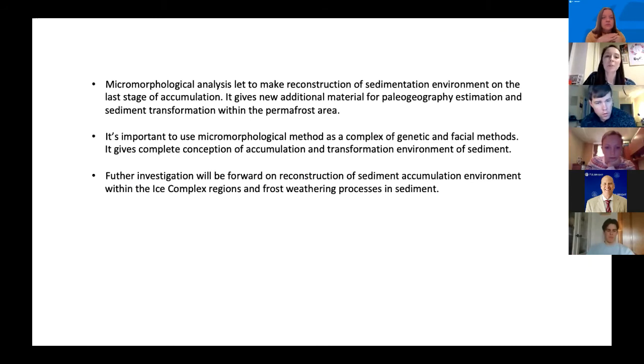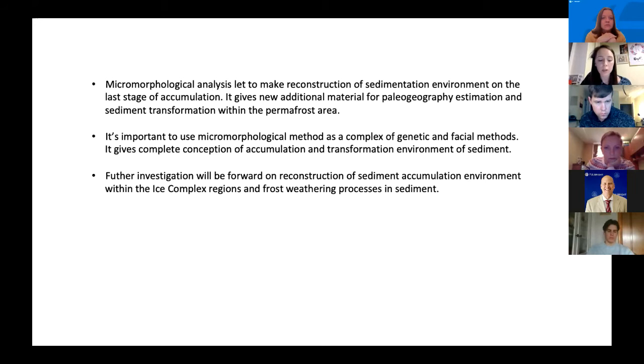And I would like to say that the micromorphological analysis made possible a reconstruction of the sedimentation environment in the last stages of accumulation, and it gives new additional material for paleogeographic estimation of sediment transformation within the permafrost area.